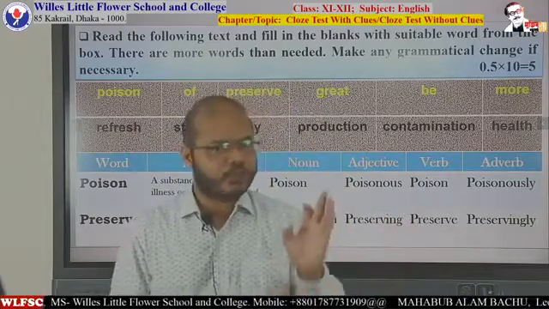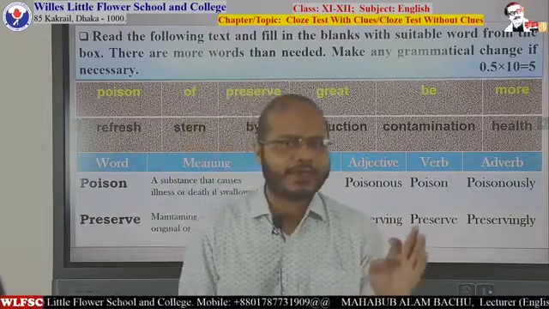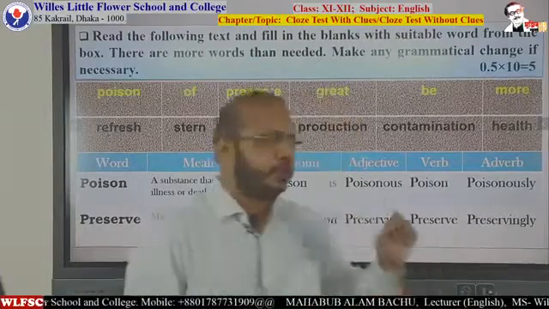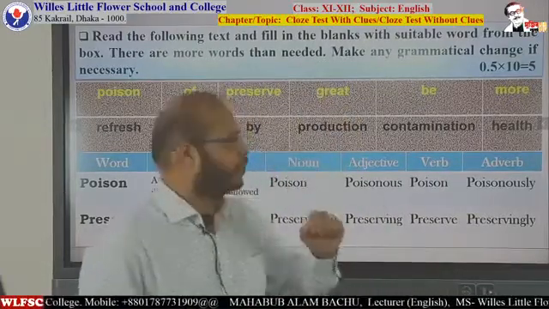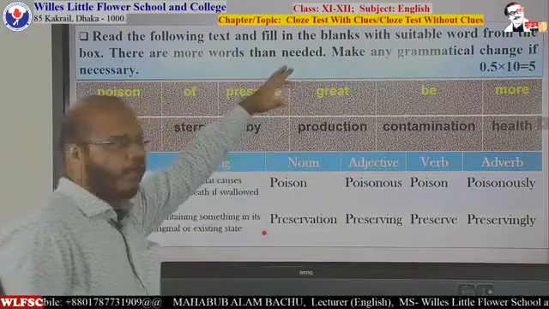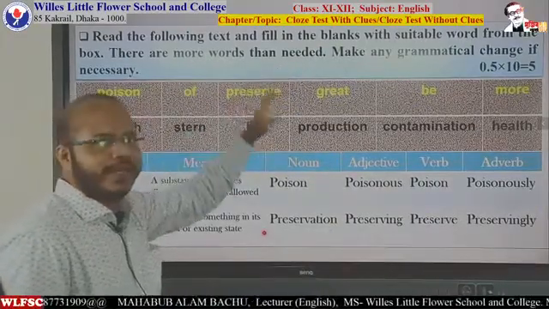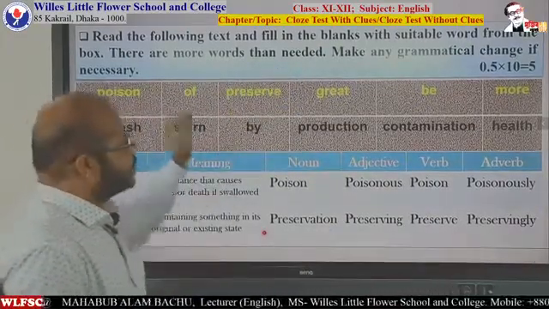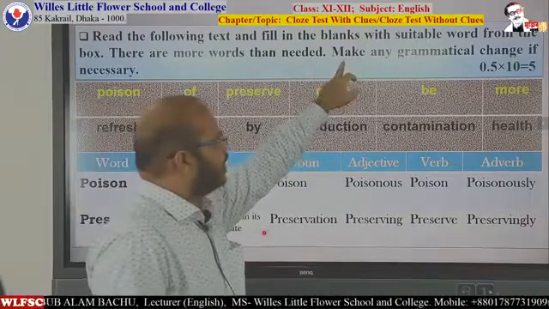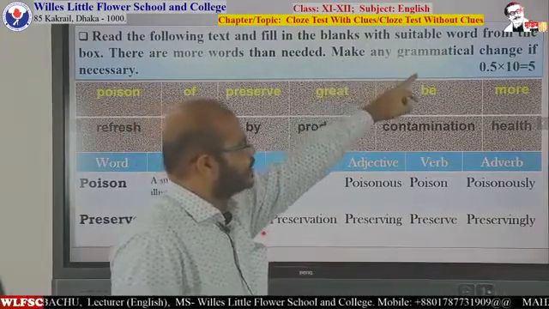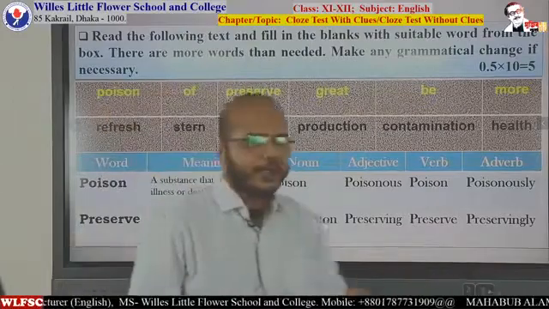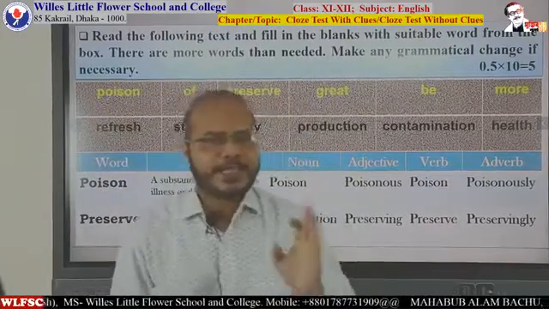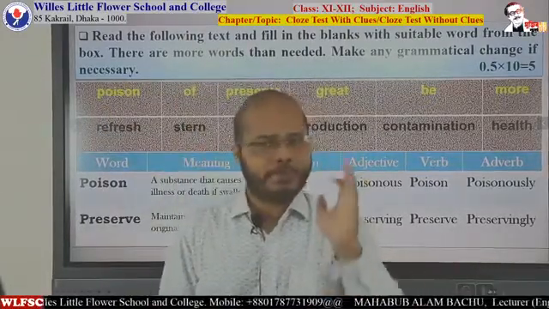It may be 12 words or sometimes 13, 14 words, and you have to choose the correct word from these 13 or 14 words and fill it up. And the most important one here: make any grammatical change if necessary. You have to keep in mind that if needed, you have to make some changes.